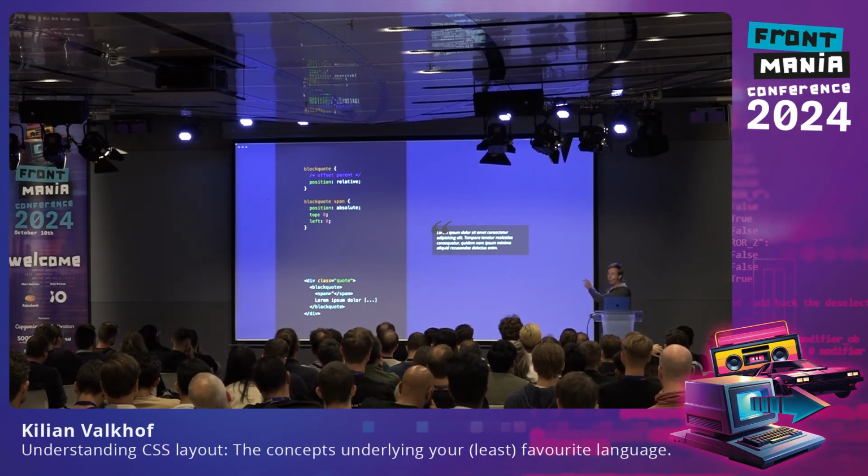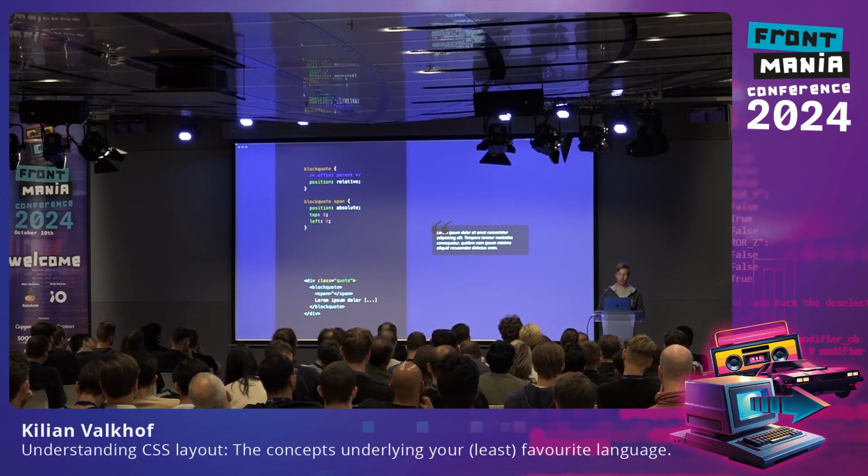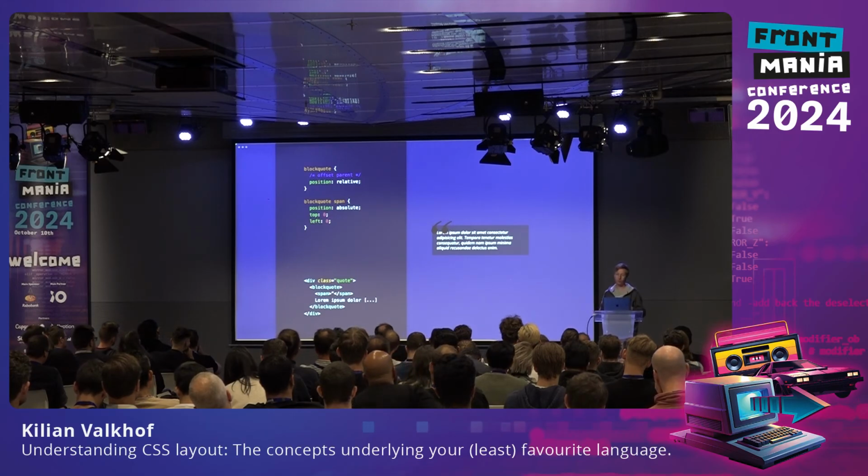Now we can see that the quote is in the right place, but it's in front of the text, and I want it to be behind the text. Now, unfortunately, we can't target the text itself because the text is an anonymous box. We can't target anonymous boxes with CSS. So we can't bring the text forward. We need to bring the quote to the back.